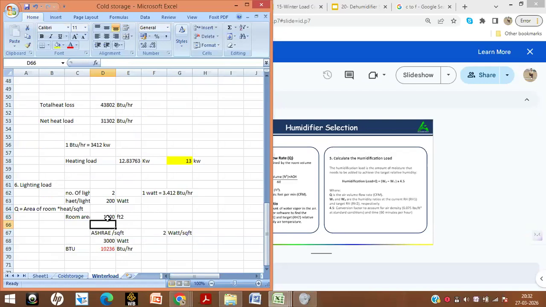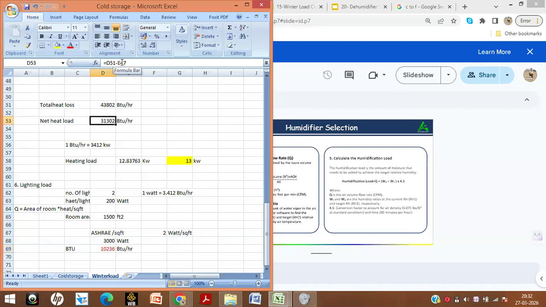So the load will be 3000 watt. Now we need to convert 3000 watt to BTU per hour. So this much BTU per hour load will be there. That amount of load we need to subtract from the net heat load.